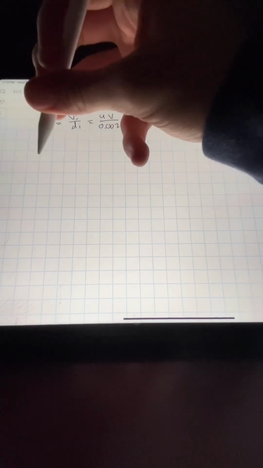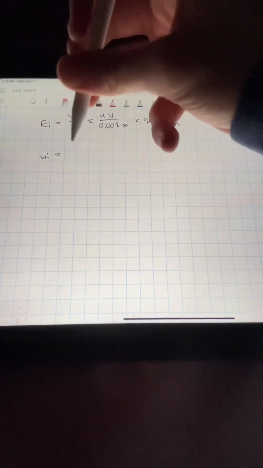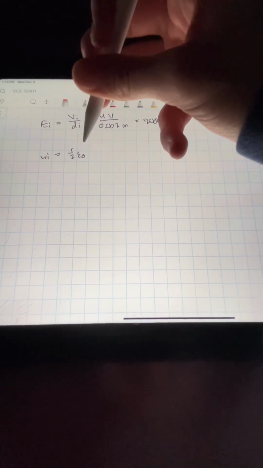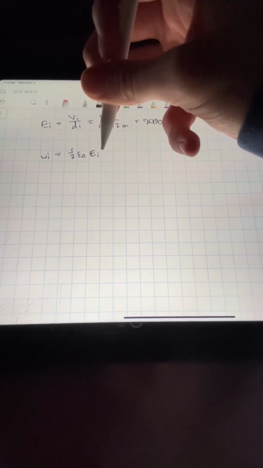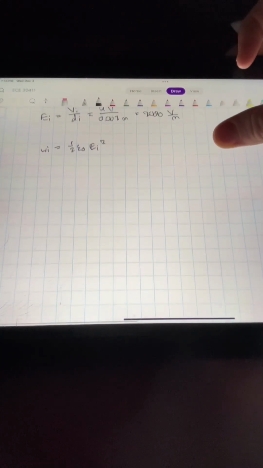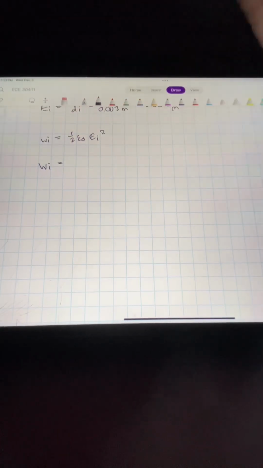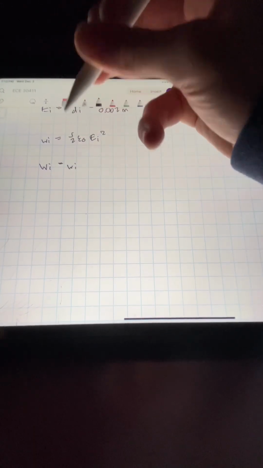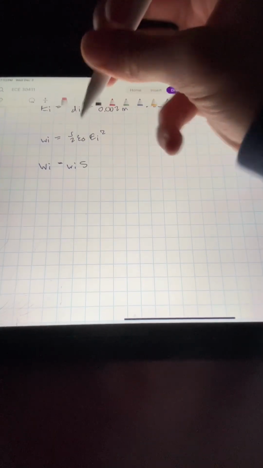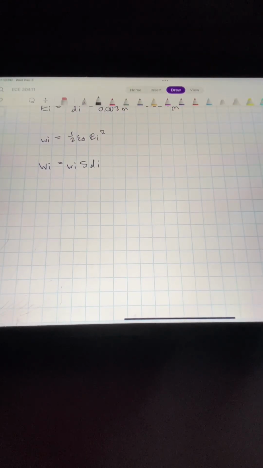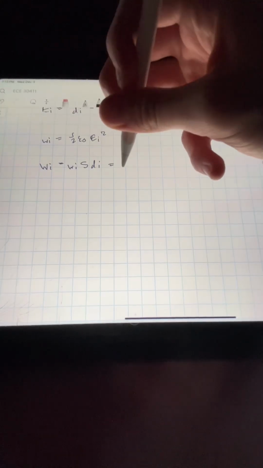We know that the energy density in free space is equal to 1/2 epsilon naught times the electric field squared. So to get our initial total energy, we multiply the energy density by the volume. And the volume is equal to the plate area S times our plate separation D. And we're told that this equals 2 joules.